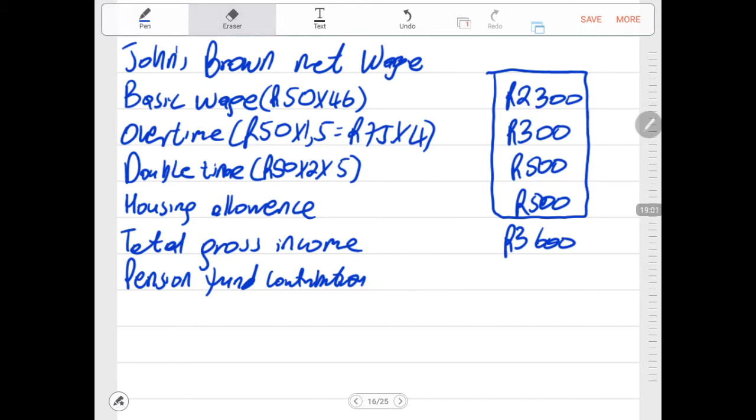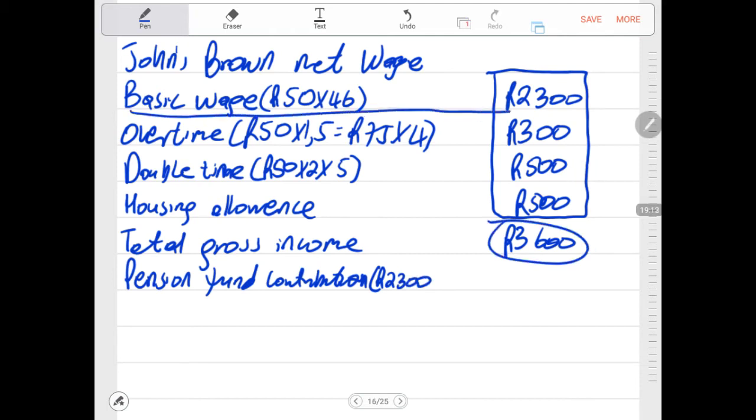So what does that mean? That means if it's calculated from basic salary, we take our basic salary of 2300. Remember, this is gross salary. Basic salary, the basic wage, 2300. I want to highlight that it's from the basic wage, not from the actual wage.